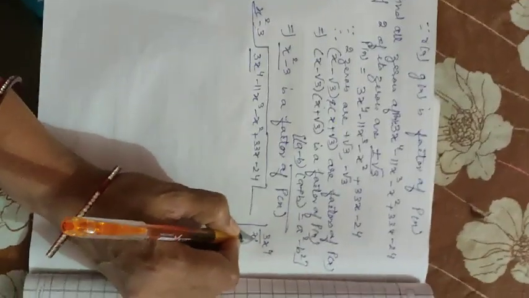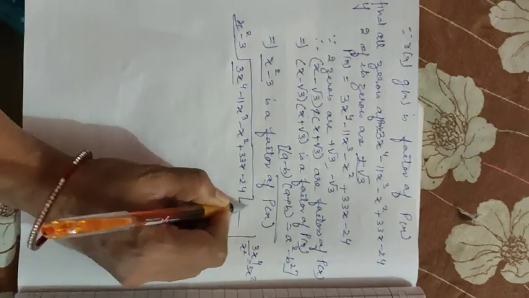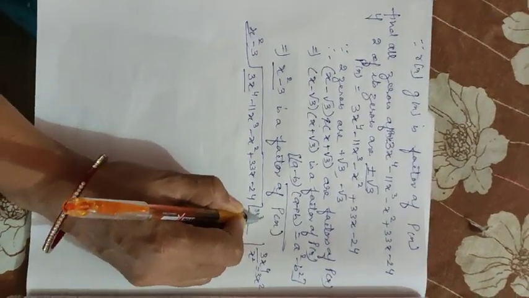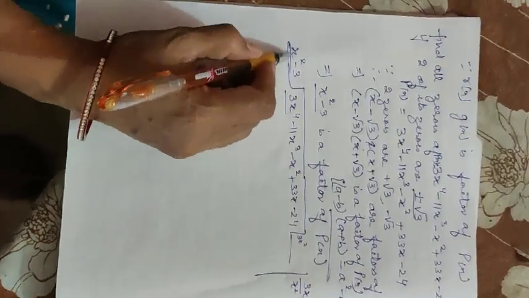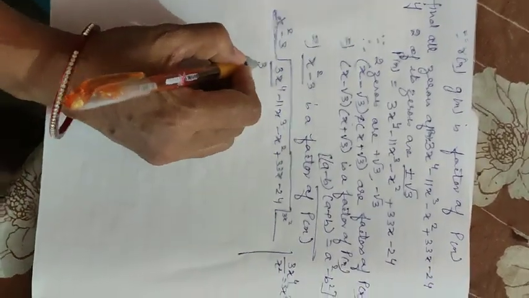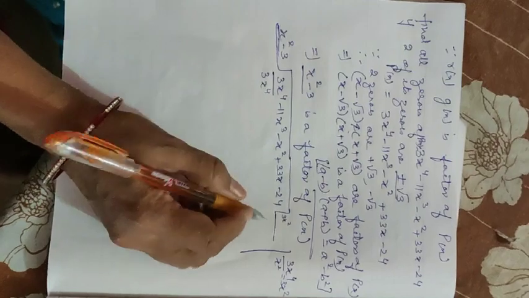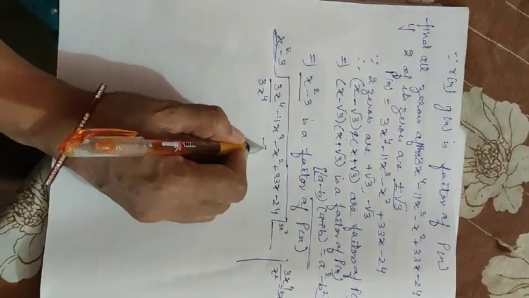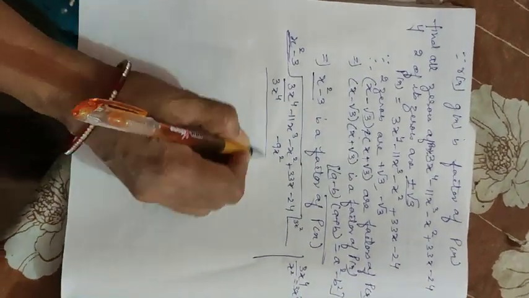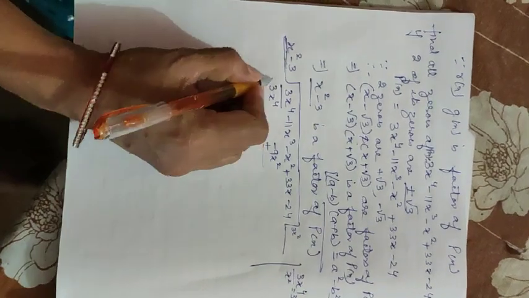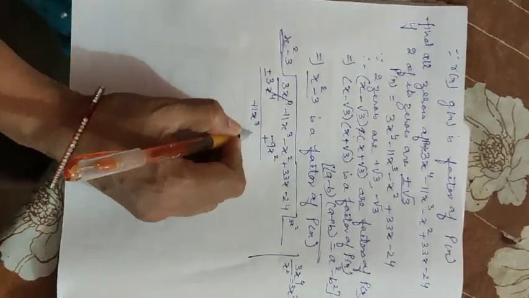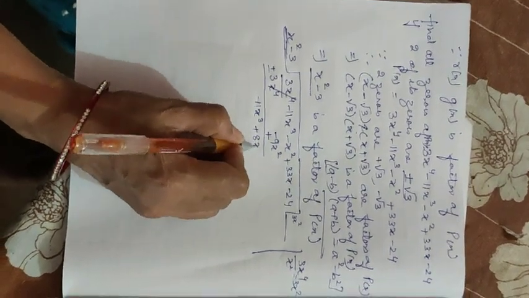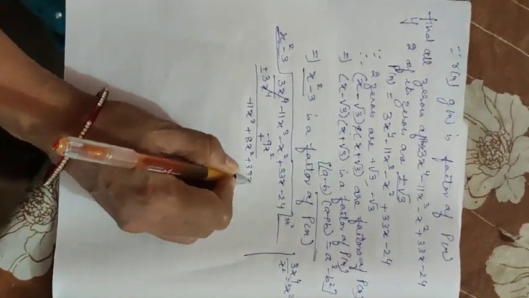We divide it by x square, so we obtain 3x square. So our first term is 3x square. So if I multiply my divisor by 3x square, so I will obtain 3x^4 minus 9x square. We will subtract, the sign reverses. So we will obtain minus 11x cube plus 8x square plus 33x minus 24.